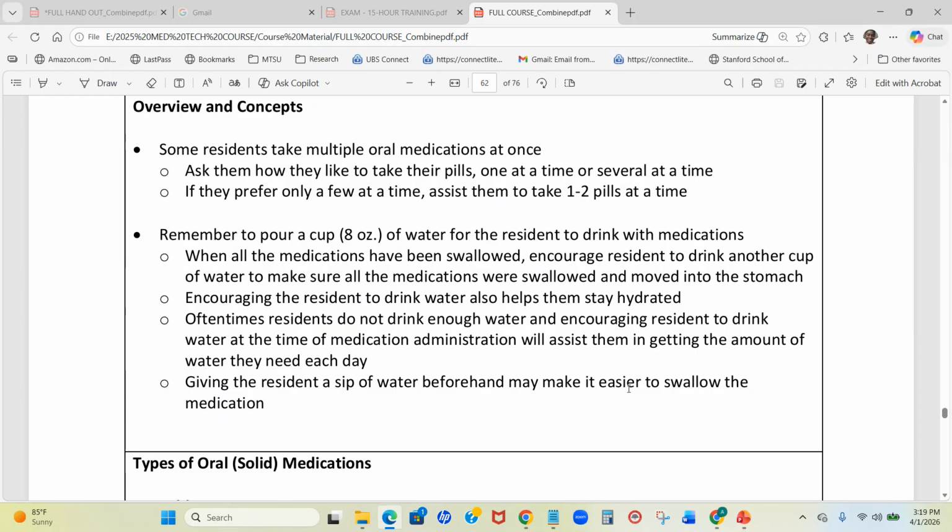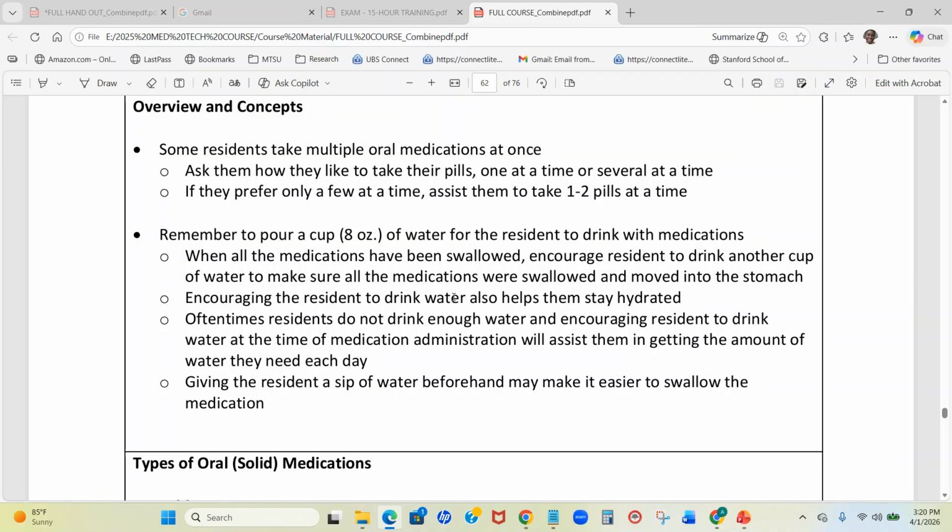You want to know if they can't swallow, or they can swallow but have to take one at a time. Do the other residents and then come and do that person last. Encourage the resident to drink water. It helps them to stay hydrated. Every time you give medicine, encourage them to drink at least the 8 ounces that you've poured for them.